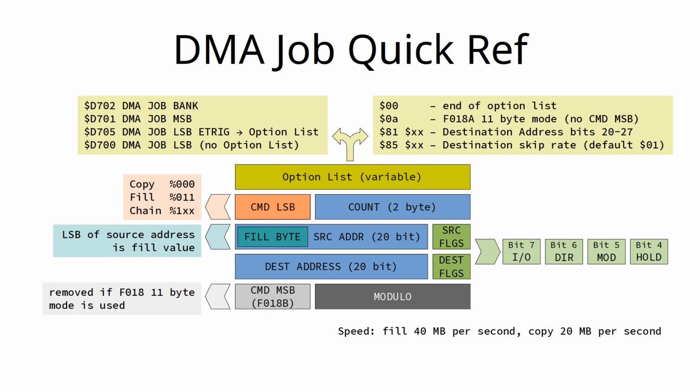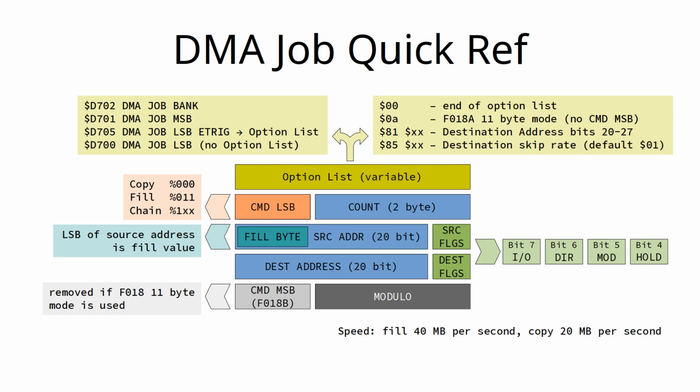We don't need those here. In the case of the fill operation, only the LSB of the source is important, as it is the data that will be filled to the destination. Then the job ends with a 2-byte modulo field, which we don't need. The MSB of the command will not be present, as we will tell the controller to do an 11-byte job.